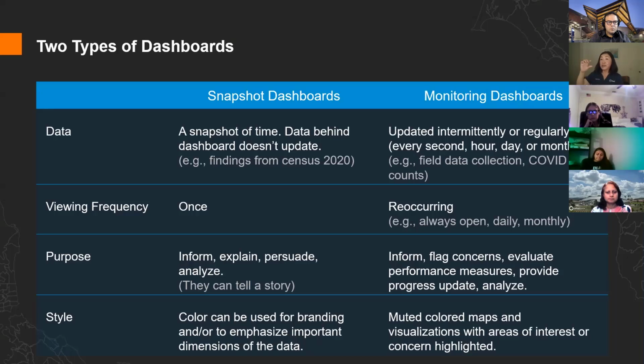If you want to show a project status, you might use the indicator to show a percentage of completion. It also enables viewers to analyze the data. Typically for monitoring dashboards, you use muted color maps, and then direct your viewer's attention with a highlighted color to the area of interest or area of concern.